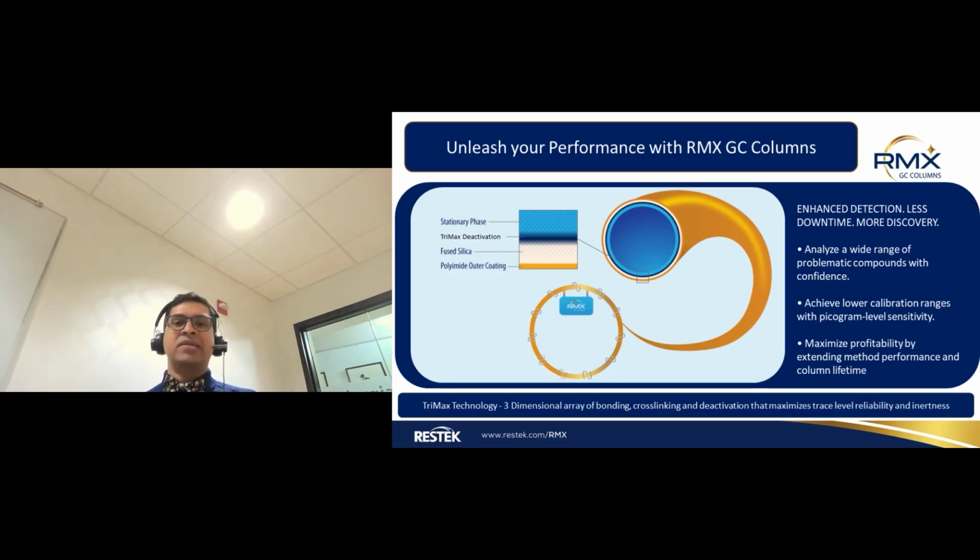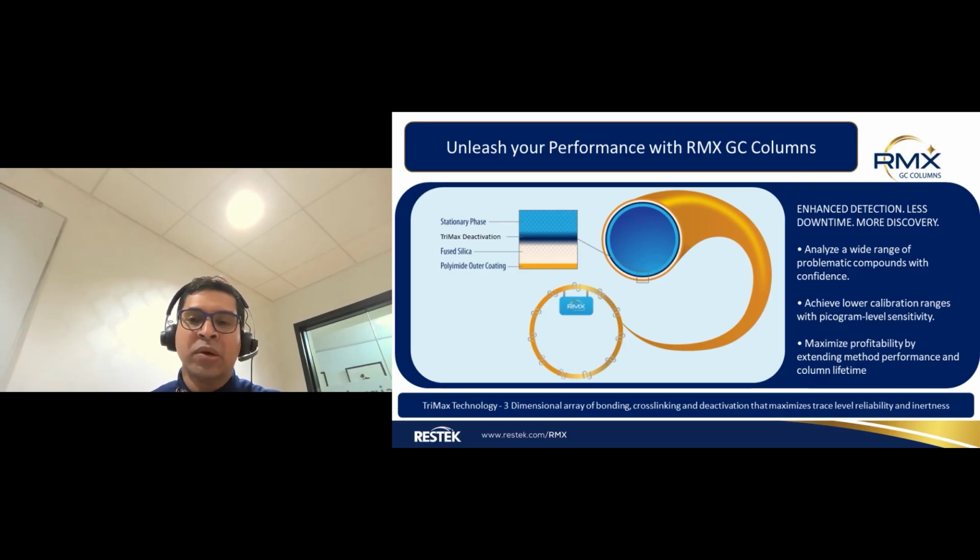So here is our RMX GC column with Trimax deactivation. As I mentioned in the previous slide, Trimax deactivation is a three-dimensional array of bonding, cross-linking, and deactivation that maximizes trace level sensitivity and inertness.